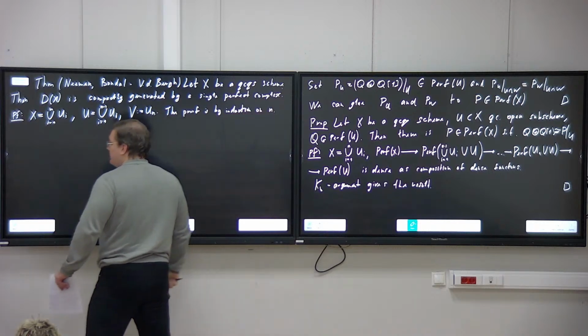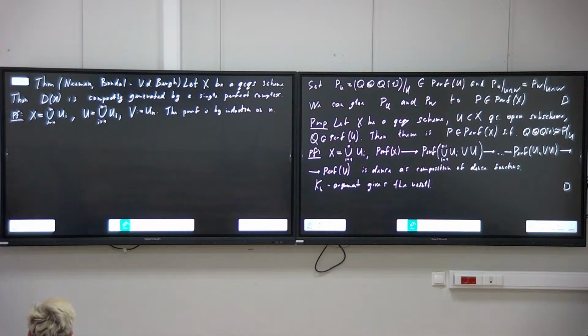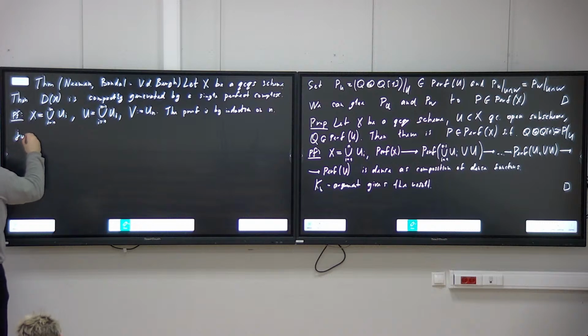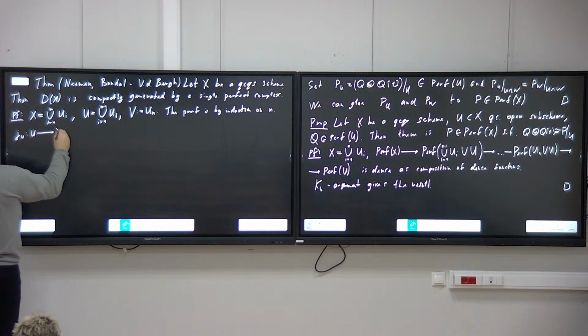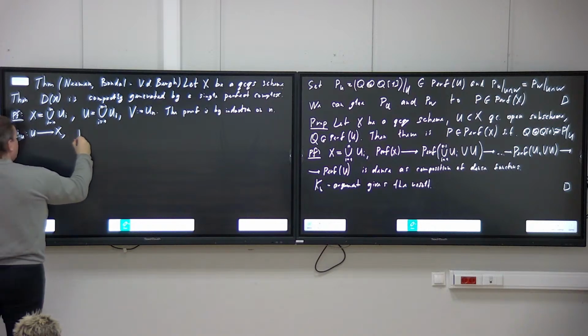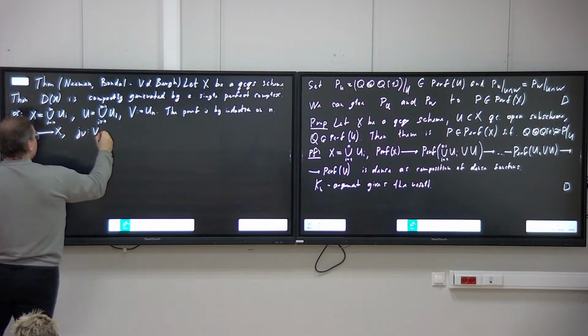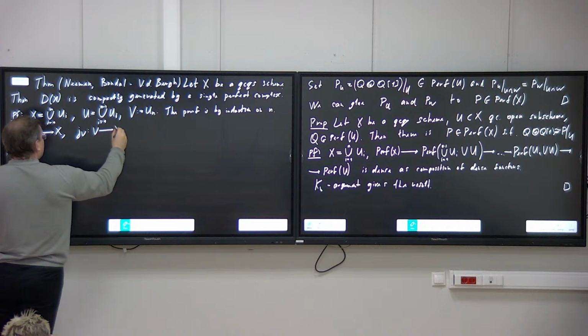The base of the induction you already know. Let me also fix some notation. I'm going to call j_U the open inclusion of U into X, and j_V the open inclusion of V into X.